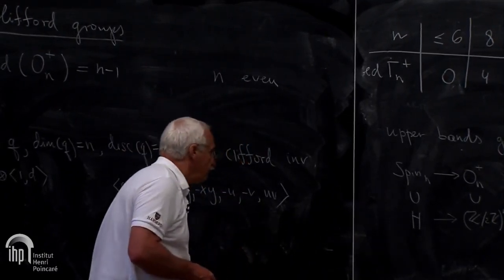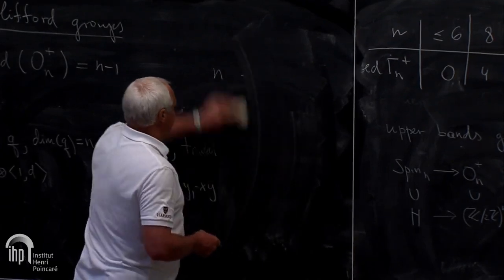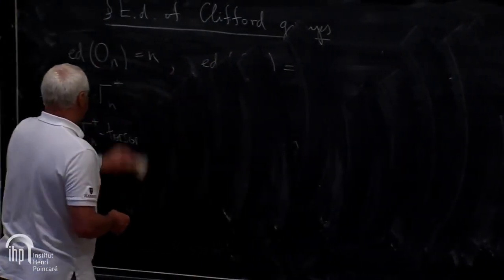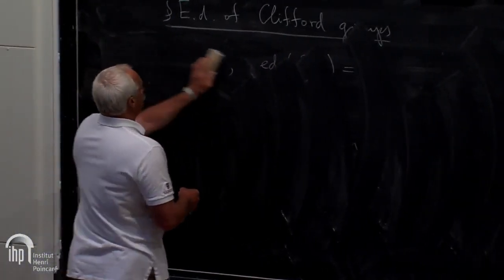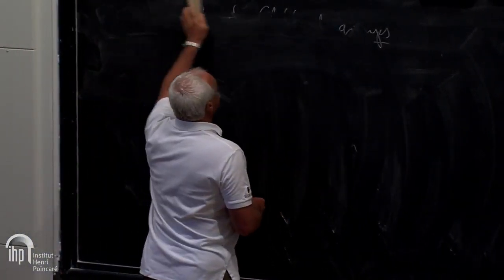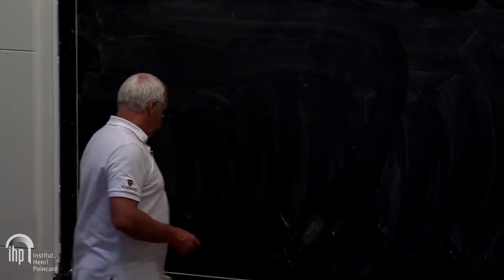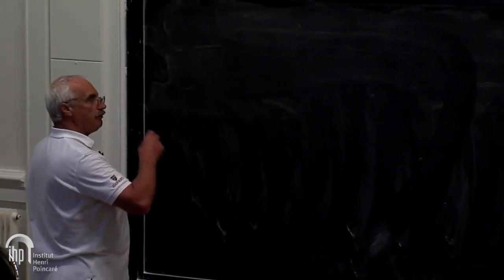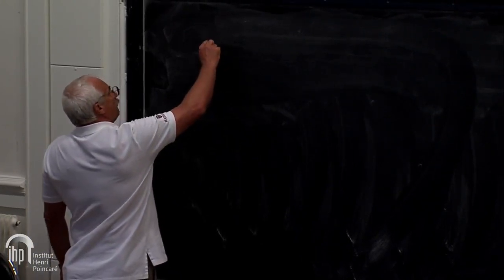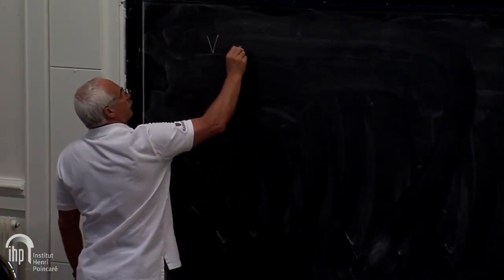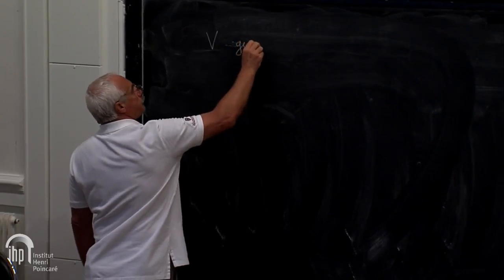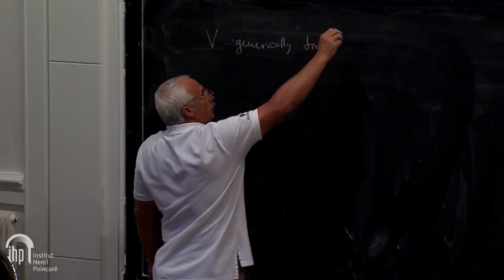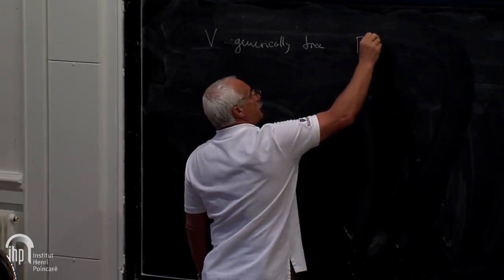So I mean the following. Let's take the classifying torsor I already mentioned, namely V, a generically free Gamma n plus representation.